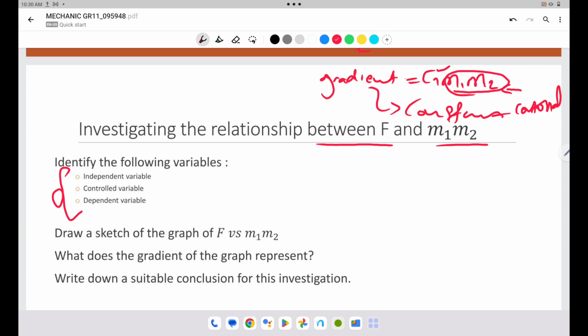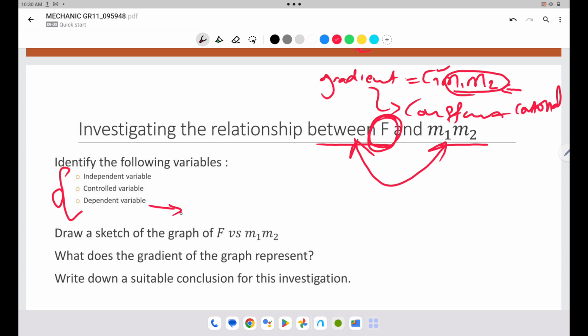Which one is the independent variable? This is the one that we are going to be changing because we want the relationship between these two things. One, we have to change, and the other one, we need to measure. The one that we measure will be our dependent variable. And remember I said that force depends on the product of the masses as well as r.